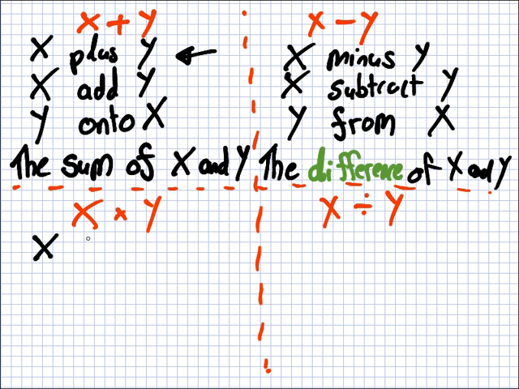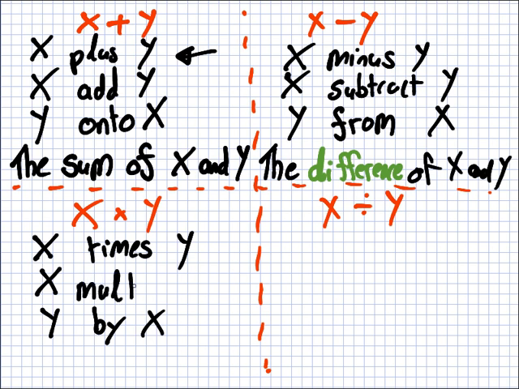Very good, Jeffrey. X times Y. What else can we say? You said Y by X. What else can we say? Yeah, what is it, Jeffrey? Very good. Multiply.